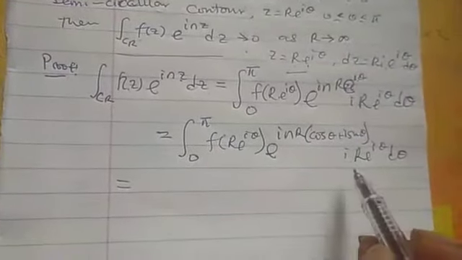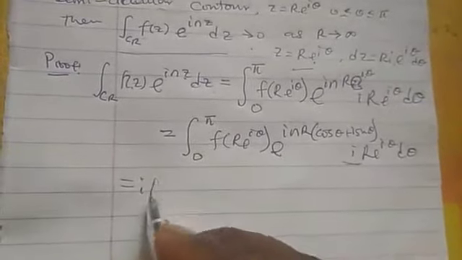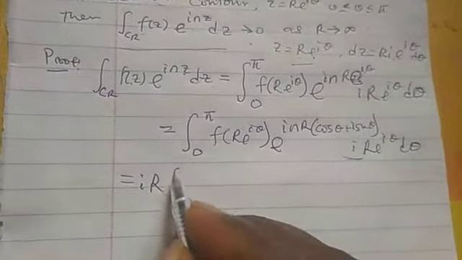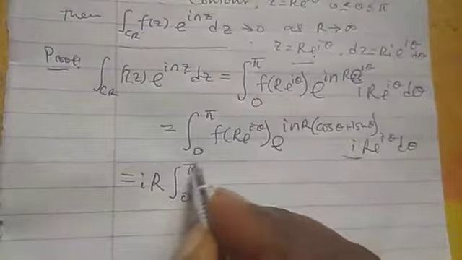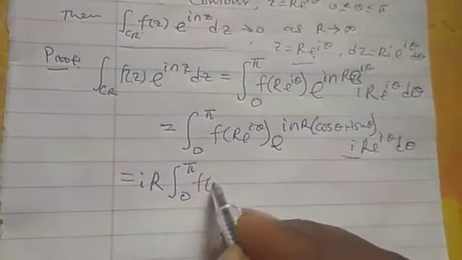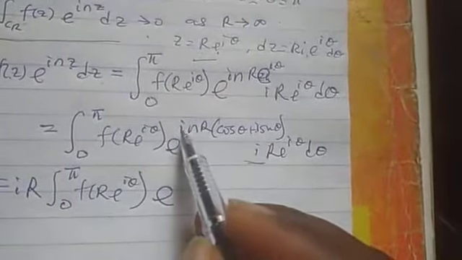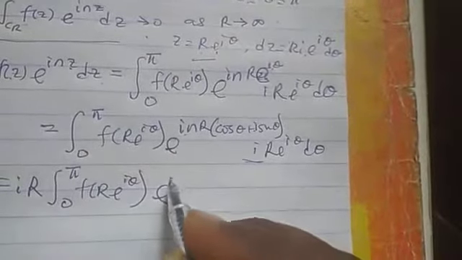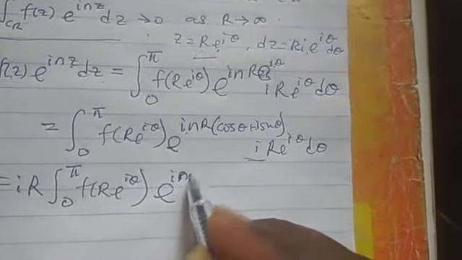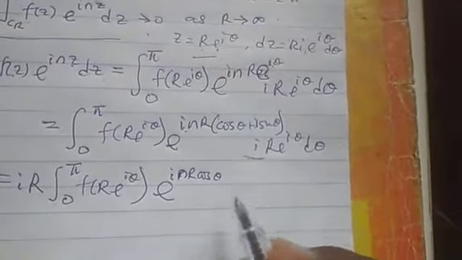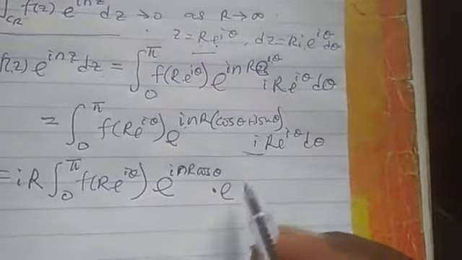Let us bring this constant, ir, out. Now remember, if you expand, this i will leave. What you are going to have is e^{inr cos θ}.